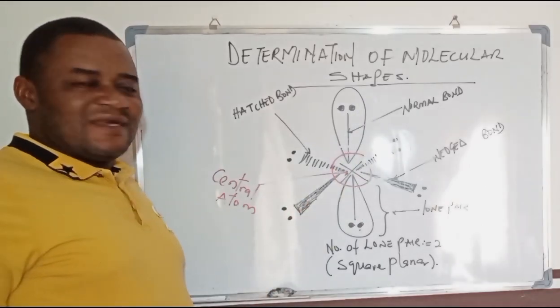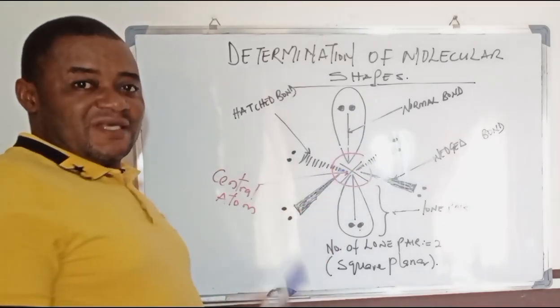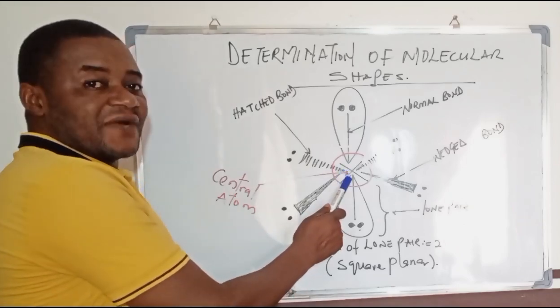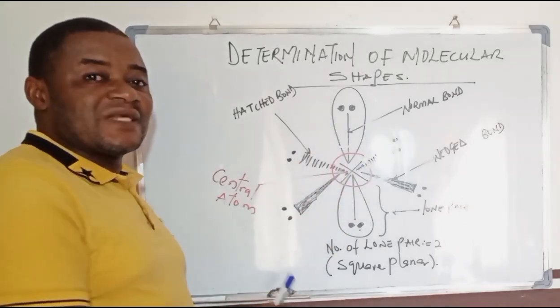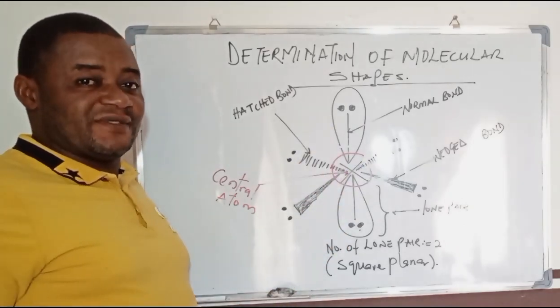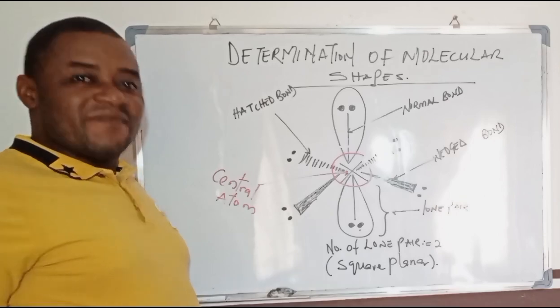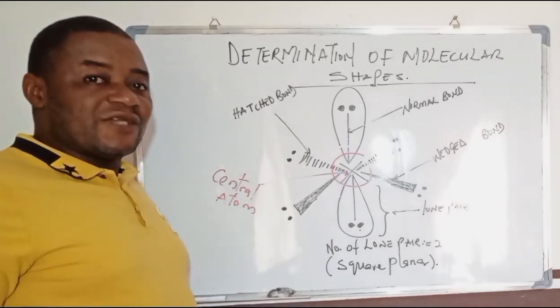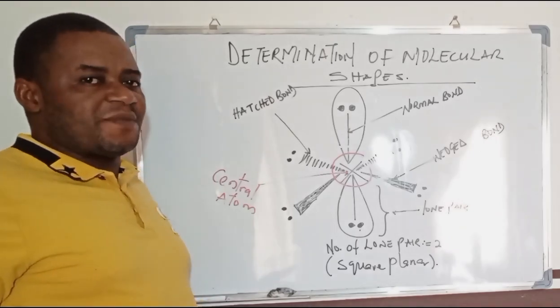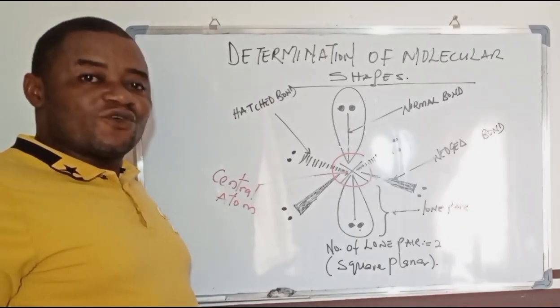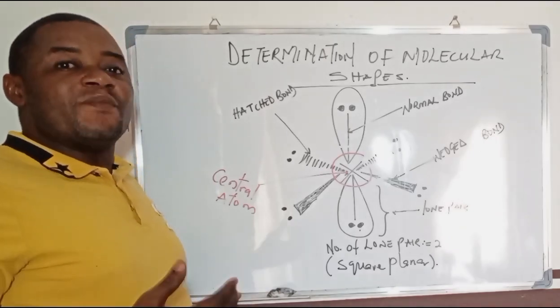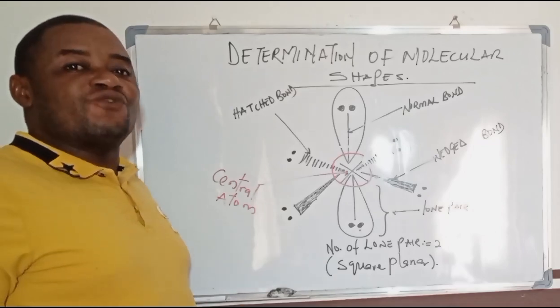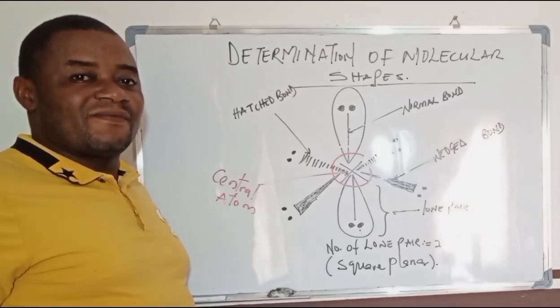And this bonding that you see from the central atom with other atoms around it is usually a covalent bond. So it means that the central metal atom, or the central atom as the case may be, because in some cases it may not be a metal, usually bonds itself with other atoms through covalent bonding.